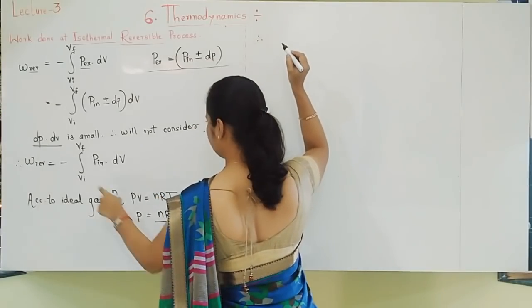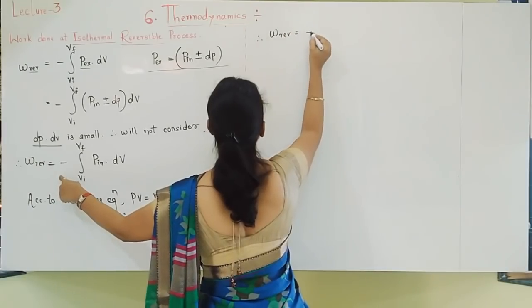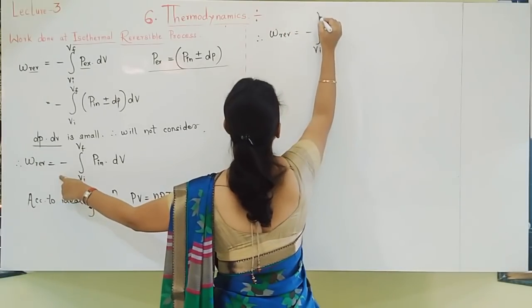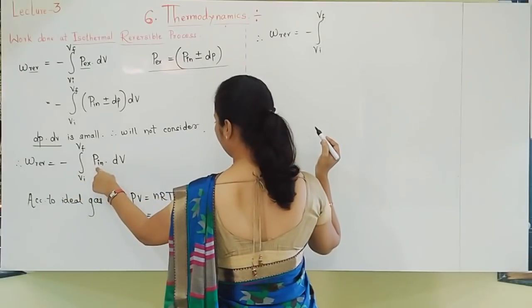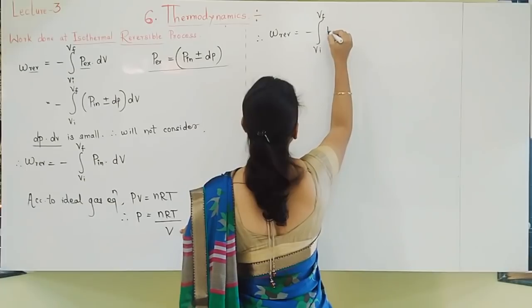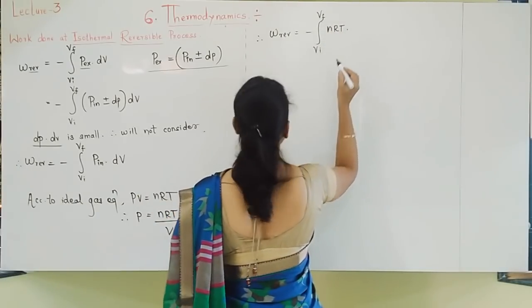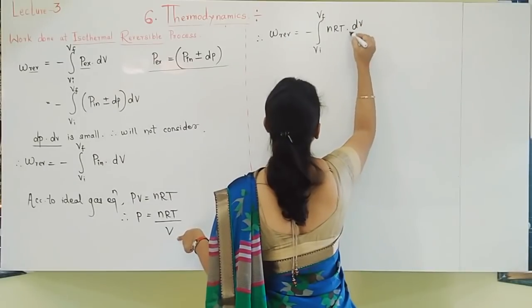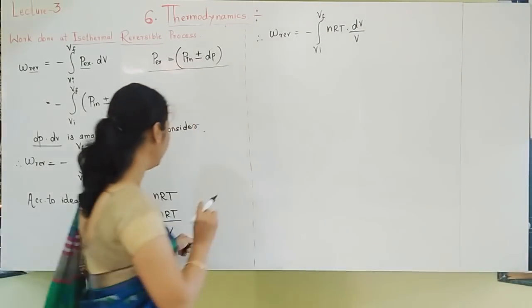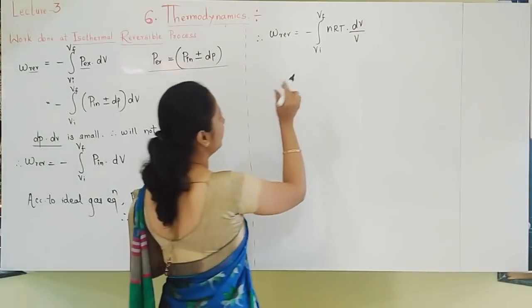W reversible is equal to minus, instead of P I will write nRT by V, with dV below it, dV by V. Instead of P I wrote nRT by V. dV is already there.